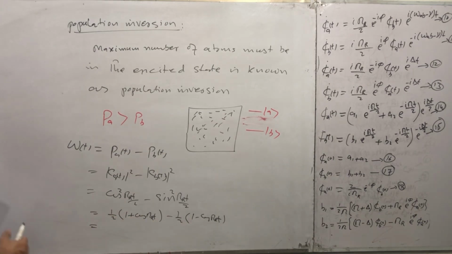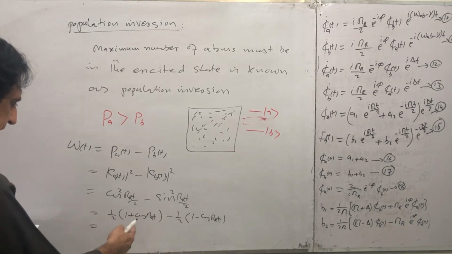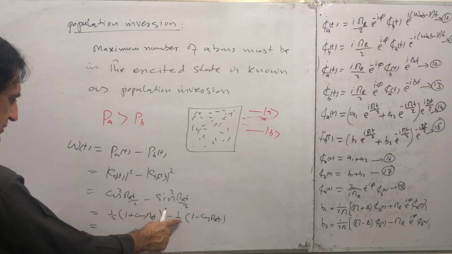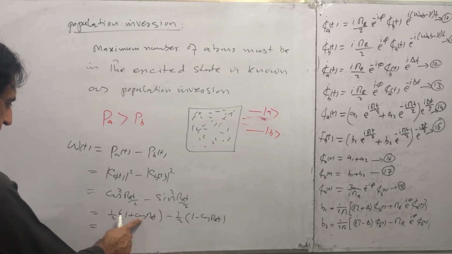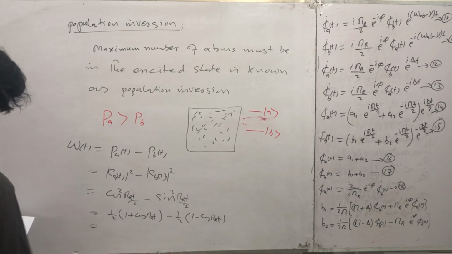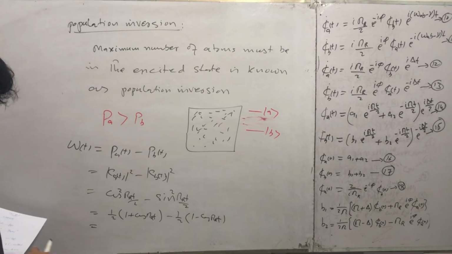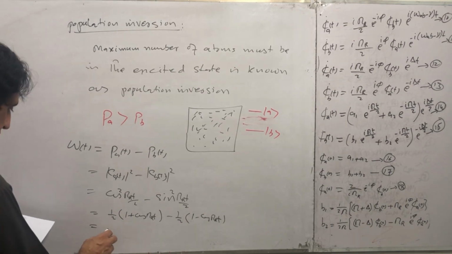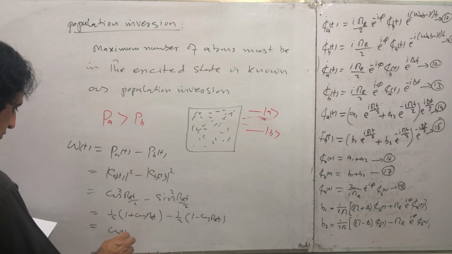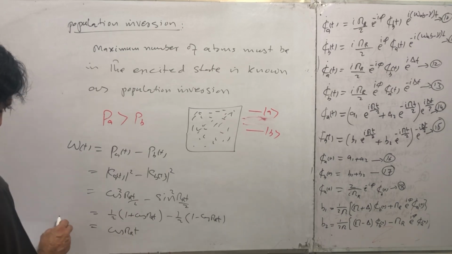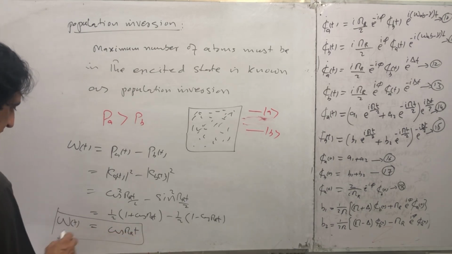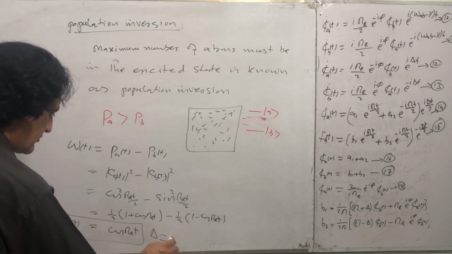After some steps, the 1/2 can be cancelled out, minus minus becomes plus, and then I get cosine omega_r t.